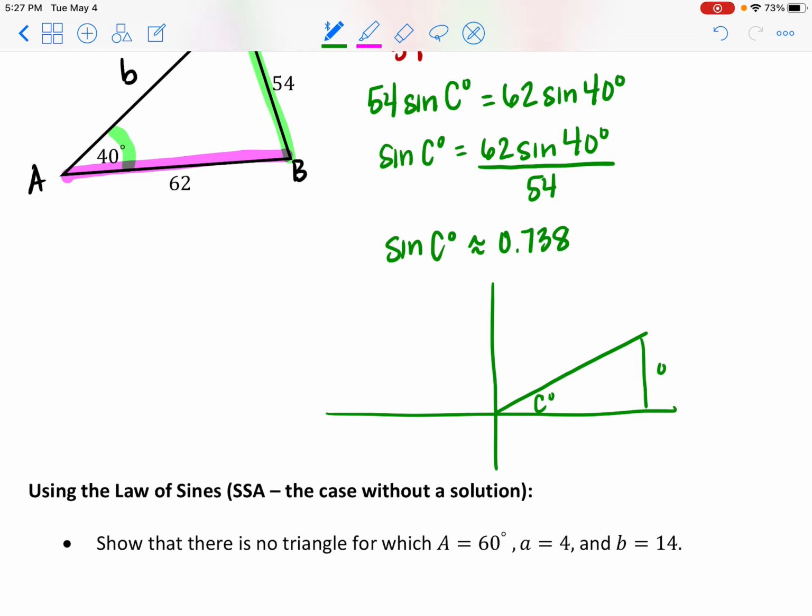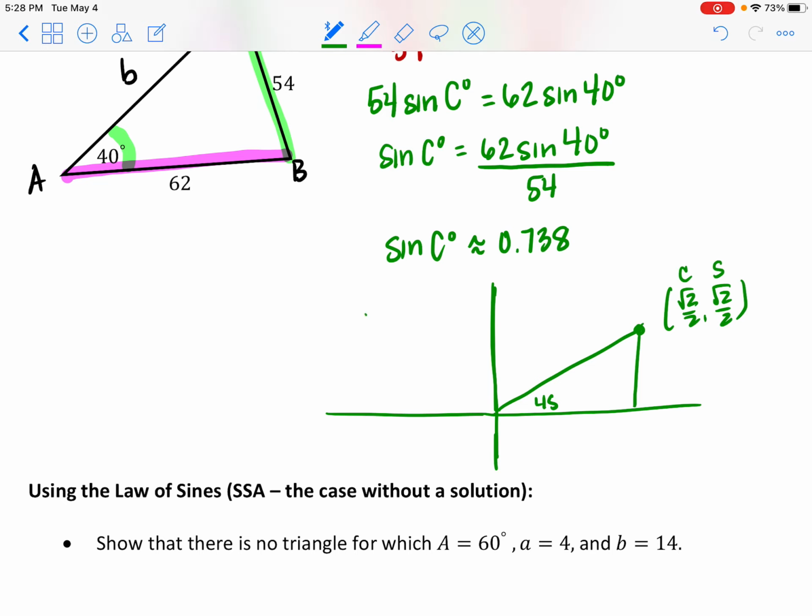This opposite side and this hypotenuse is going to give me a positive value; sine is positive here. So let me go back to a triangle we know, like a 45, 45, 90, okay? 45 degrees hits the unit circle at radical 2 over 2 and radical 2 over 2, where this is our cosine, this is our sine.